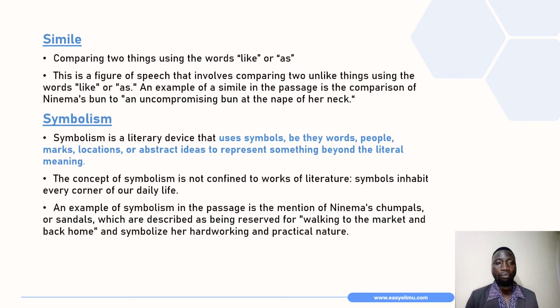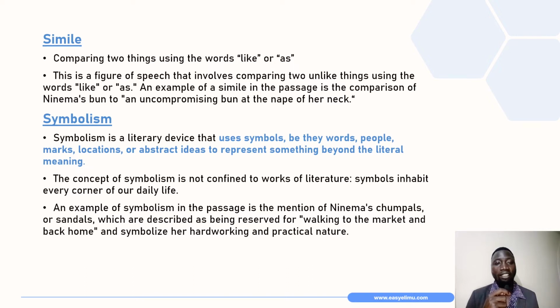Another style that we can also talk about in this story is simile. It is also a comparison, but when talking about simile, we compare two things using the words like or as. So in the story, we are told of the comparison of Ninema's bun to an uncompromising bun at the nape of her neck.